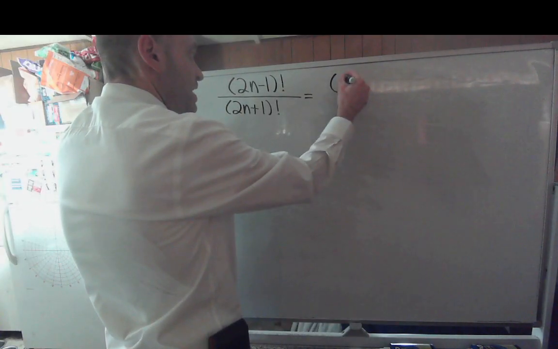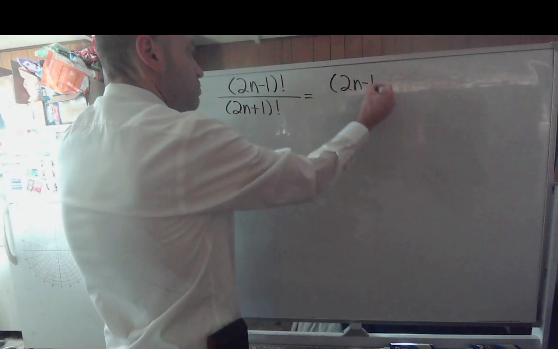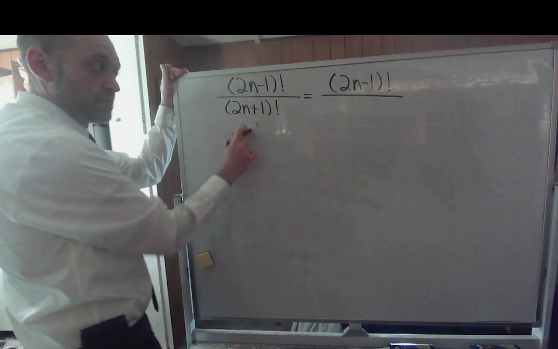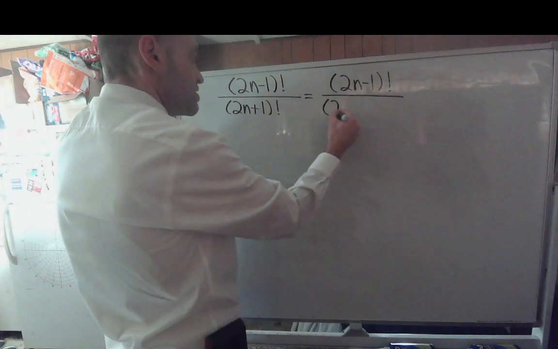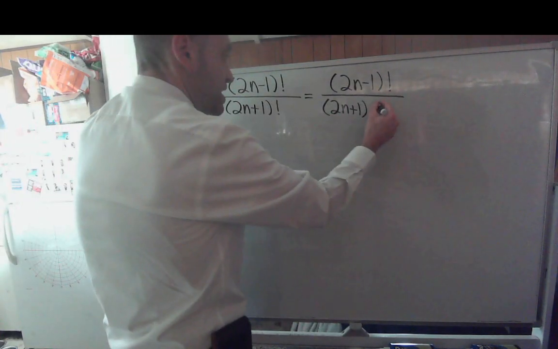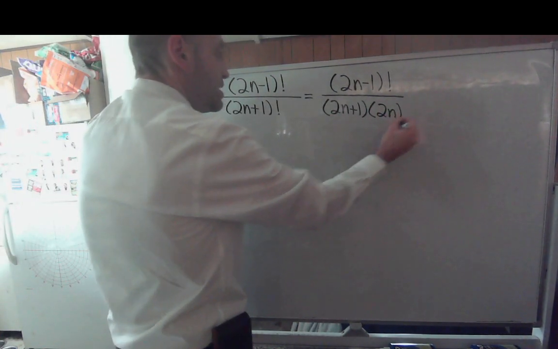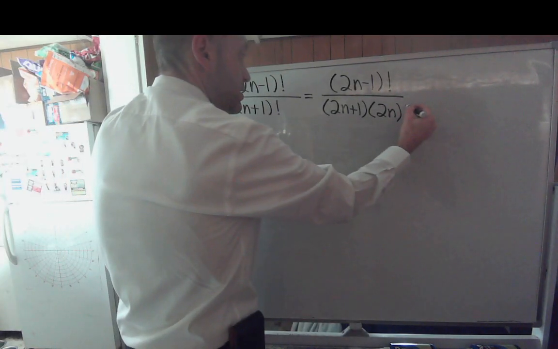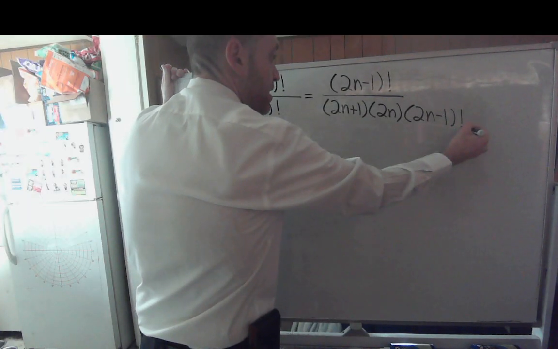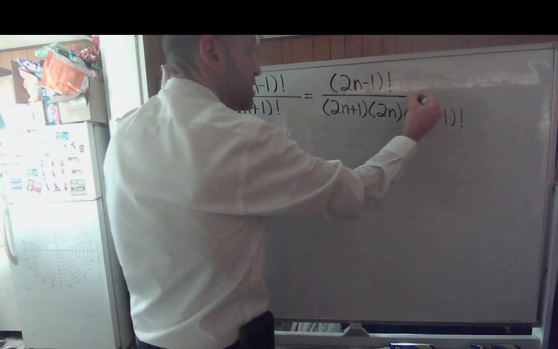We can just leave that alone, 2n minus 1 factorial, all over that 2n plus 1 factorial, which turns into 2n plus 1. Now if you take 1 away from that, you'll just have that times 2n. Take 1 away from that, then you'll end up having 2n minus 1, and we're going to stop there, so we'll put the factorial sign.